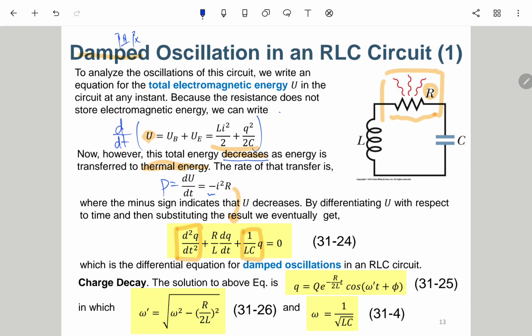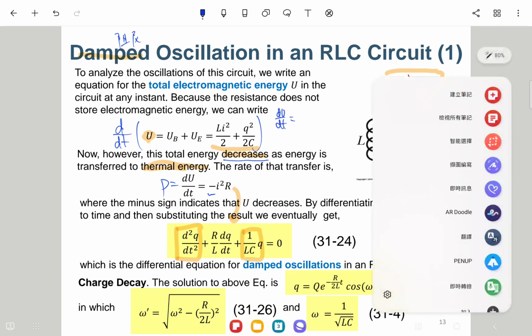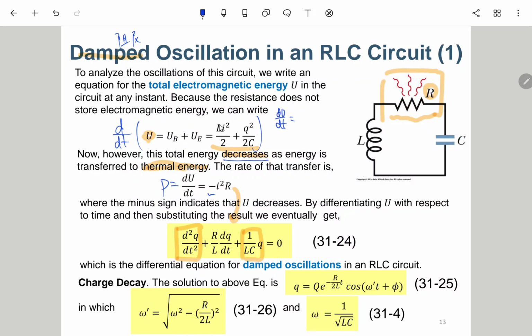So dU/dt becomes L times I times dI/dt, just following the previous derivation, plus Q over C times dq/dt, and this is nothing but negative I squared R. So we can use a change of variable.